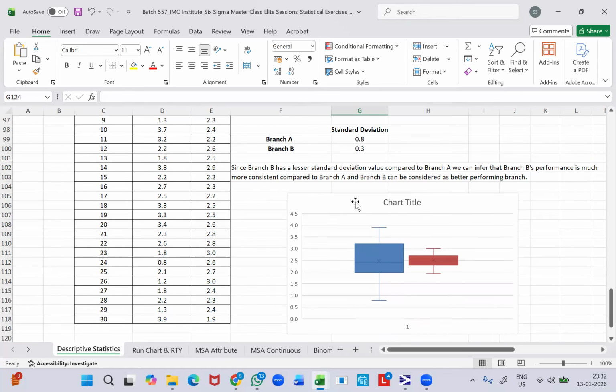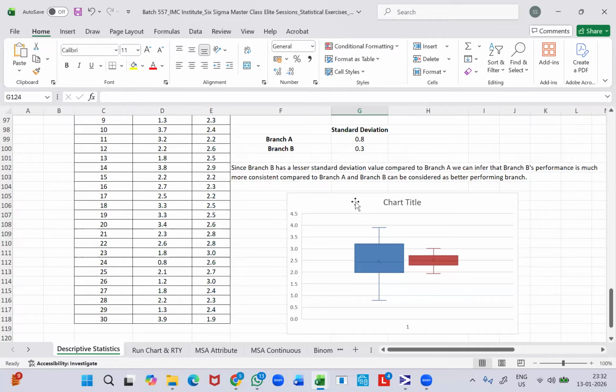And we can also construct multiple box whisker plots for both the branches. Here it clearly demonstrates that branch B's performance is highly consistent compared to that of branch A. The blue box whisker plot pertains to branch A and the red one to branch B. If you compare the length of the box whisker plot, we could find that for branch B the length is significantly lesser compared to that of branch A, indicating that branch B is exhibiting lesser variation.